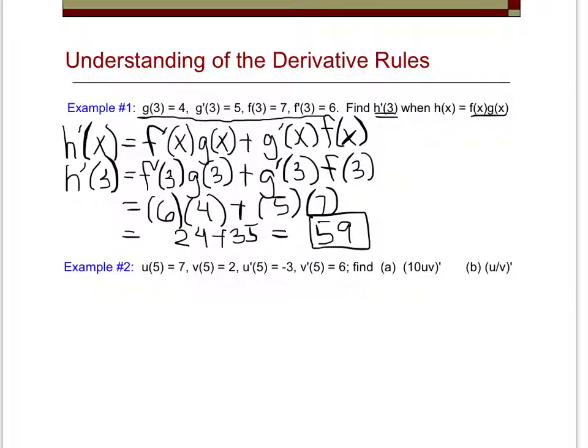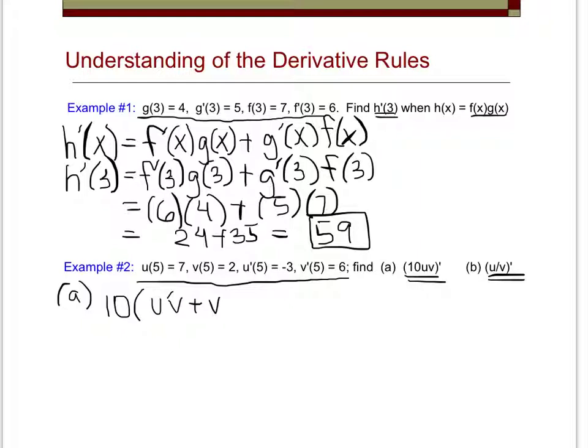So example 2, again, we're given some facts about our functions u and v, and first of all, we have to find 10 times the derivative of uv, and then the quotient. Remember quotient? So let's start with part A. With the product rule, we know that we can bring out the coefficient 10, and then take the derivative of the first term times the second term, plus the derivative of the second term times the first term. And then we're going to substitute the values because everything here is in terms of 5.